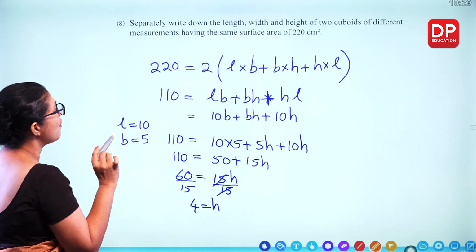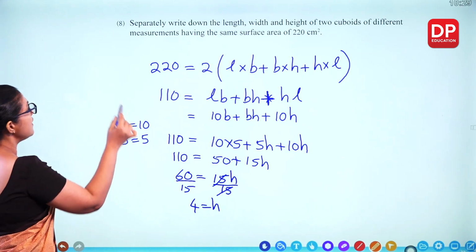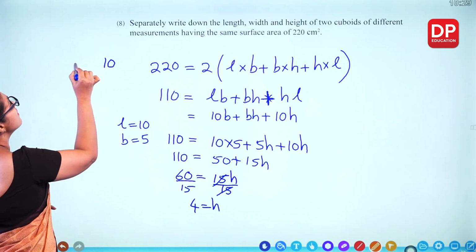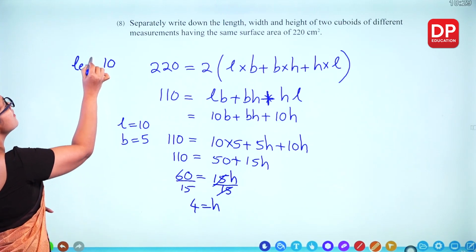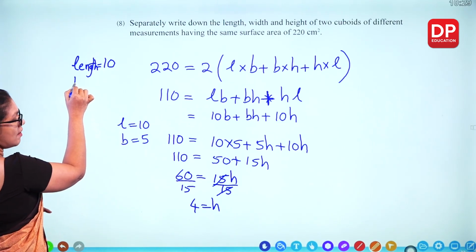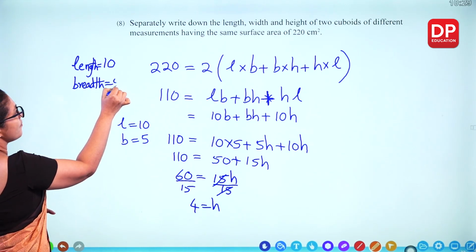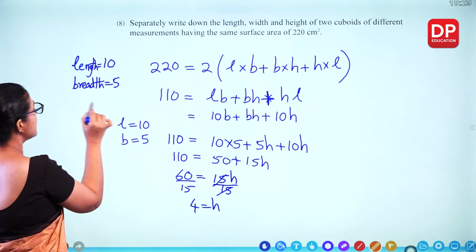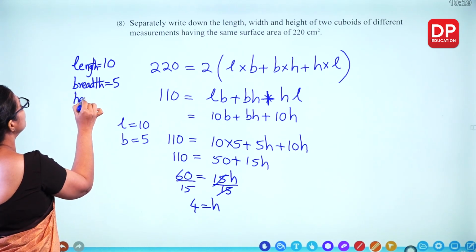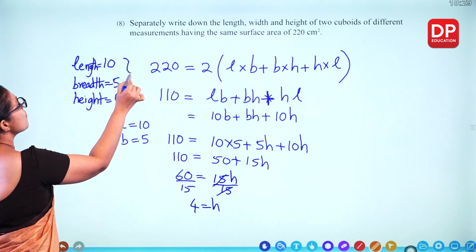So we found one cuboid, length 10, breadth 5, and height 4. So that's 1.